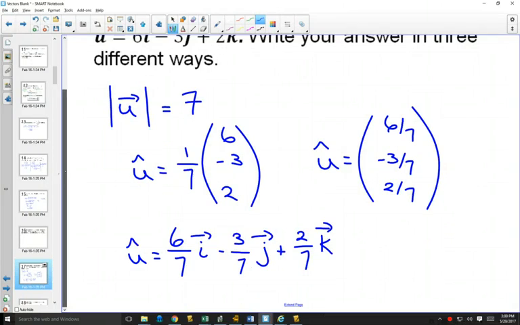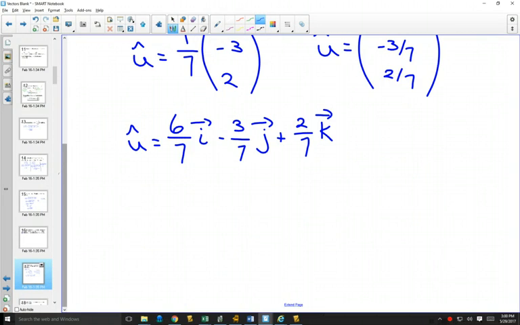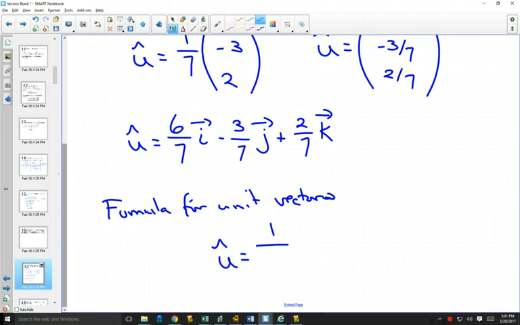So I guess we could write a formula if we wanted to for unit vectors. Woo. So the formula for a unit vector is equal to 1 over the length or magnitude of u, times u.